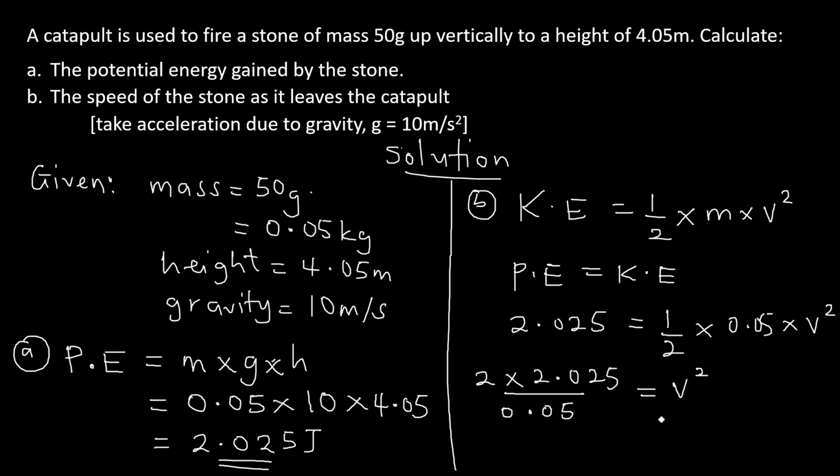So in order to find the value for V, what we'll do is find the square root of both sides. So the square root of 2 times 2.025 divided by 0.05 will give us 9 meters per second.